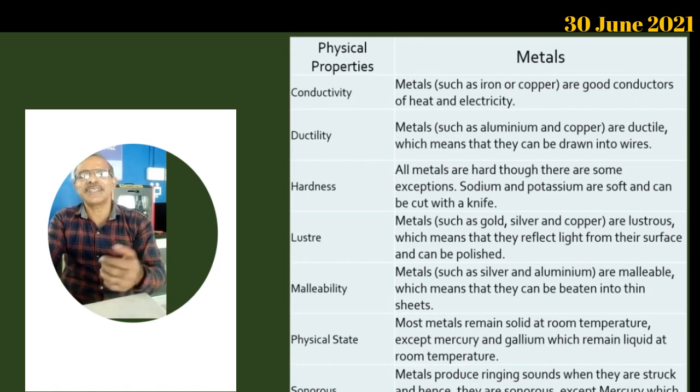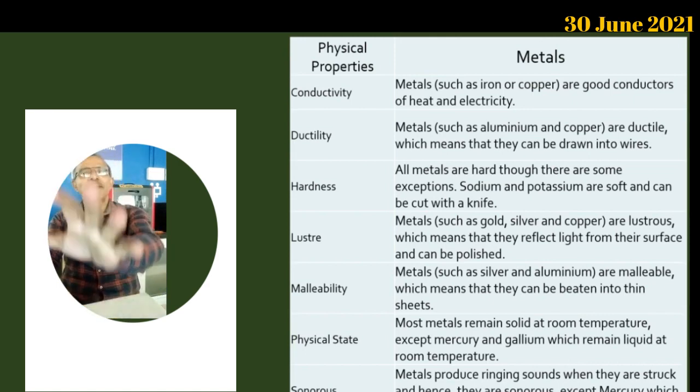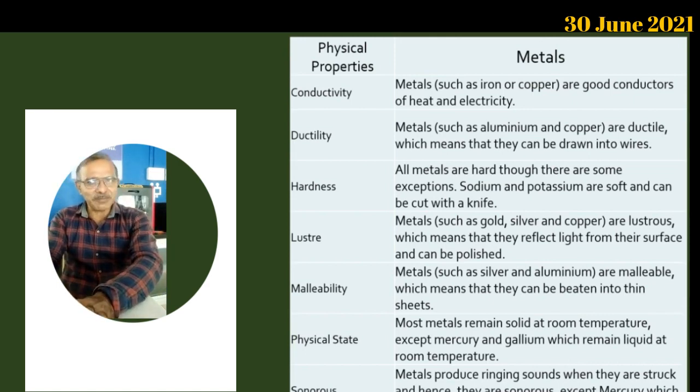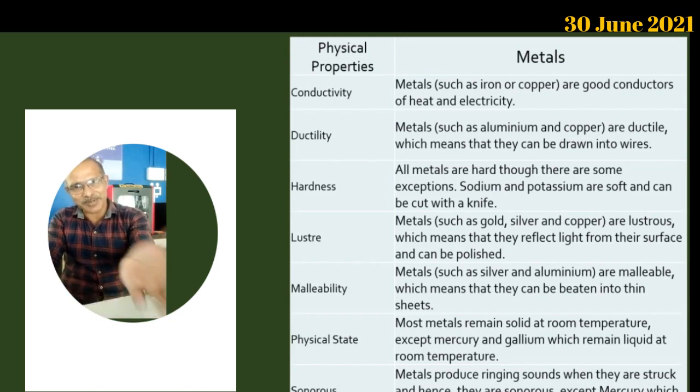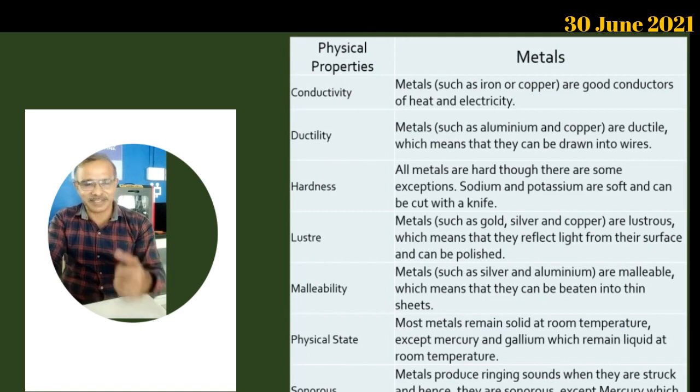Right? That's why it is called sonorous. All metals are sonorous in nature. Now once you come to know the properties of metal, it becomes very easy to write the properties of non-metals. Right? Some examples you can give for metals such as iron, copper, aluminium, calcium, magnesium, etc.